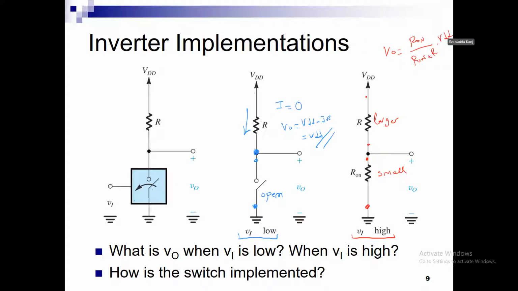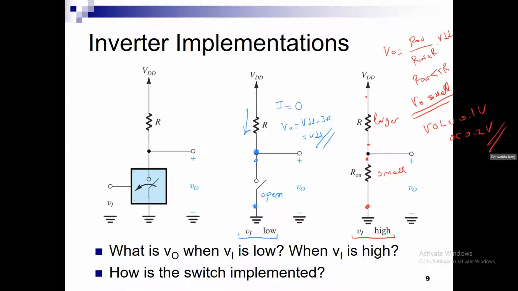Now, if R on is small, meaning smaller than R, this means that VO will be greater than 0 but small. So VOL, let us say, will be around 0.1 or 0.2 volts, for example.